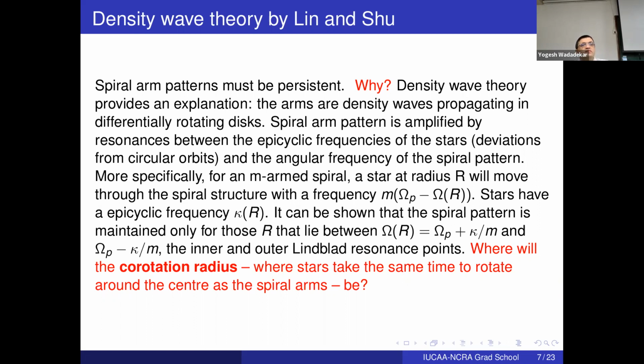So if I displace it by, let's say, 10 kiloparsec, if I move it forward, it will remain 10 kiloparsec ahead of where it was originally at all times. So the epicyclic frequency for a displacement along the tangential direction is zero.